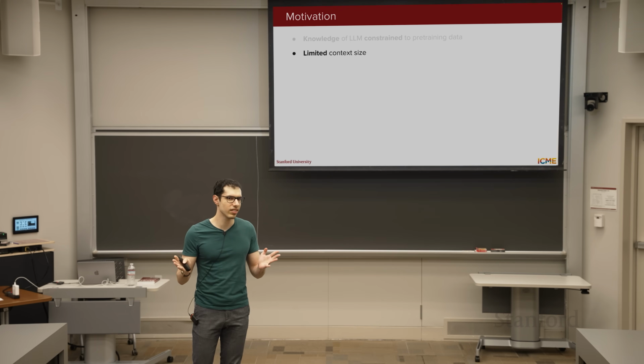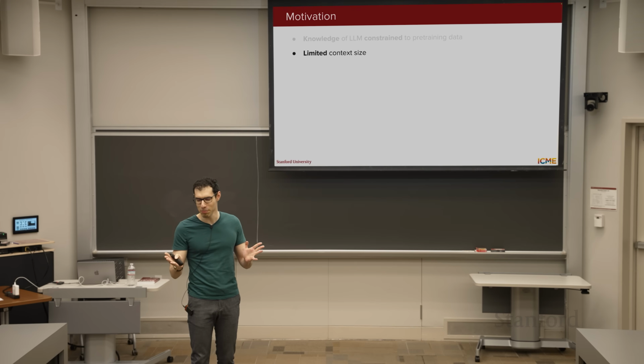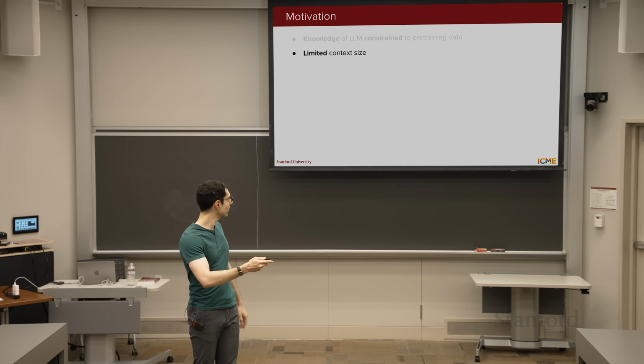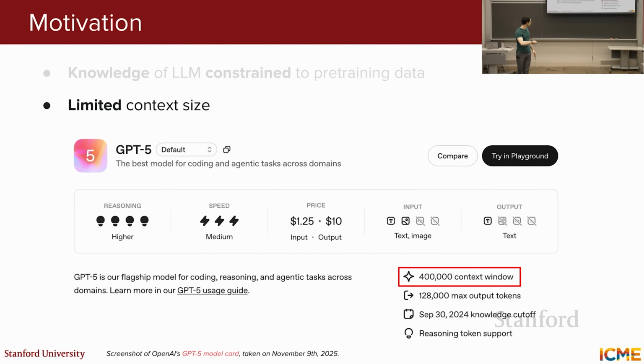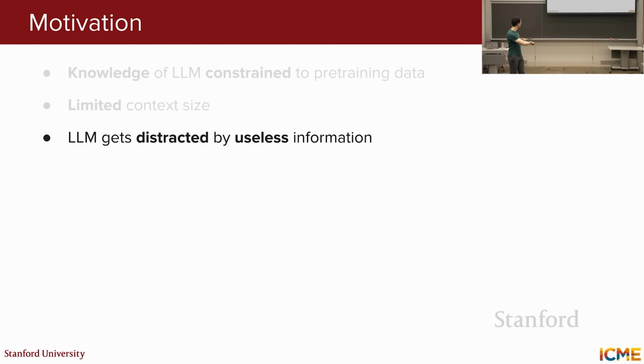So it's big, but it's not enough for us to go in that very naive route. Again, going back to GPT-5, if you go to the model card, you have the knowledge cutoff date, which is September 2024. You also have the context window, and in this case, it's 400,000 tokens.